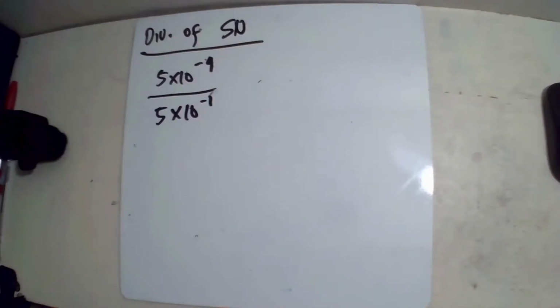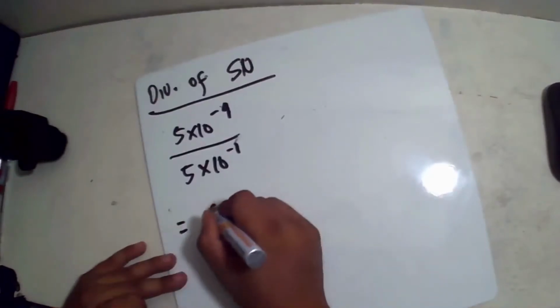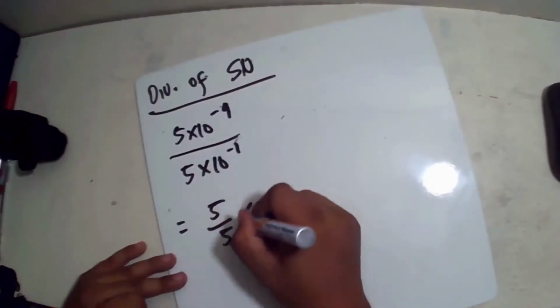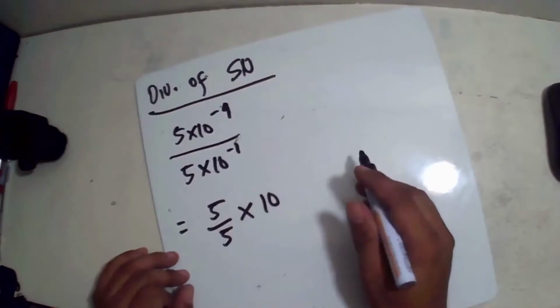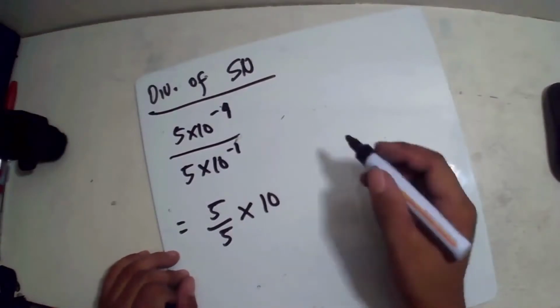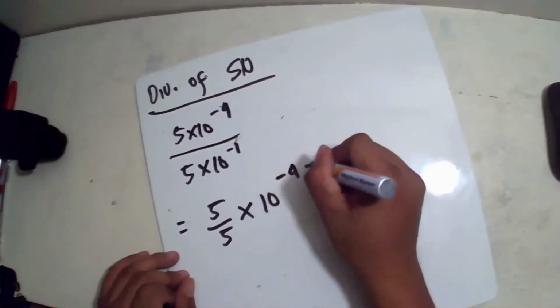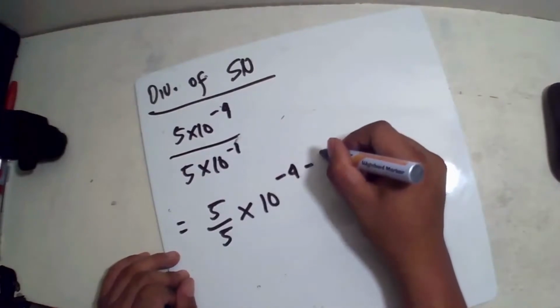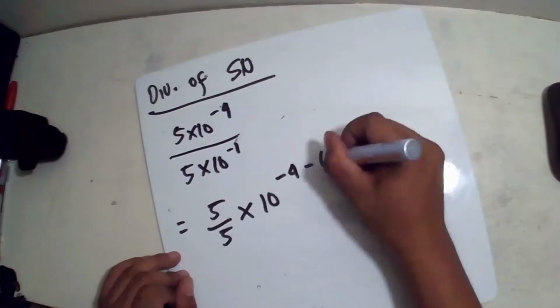For multiplication, you add the exponents, but for division, you subtract the exponents. So this becomes 5 over 5 times 10 raised to negative 4 minus negative 1.